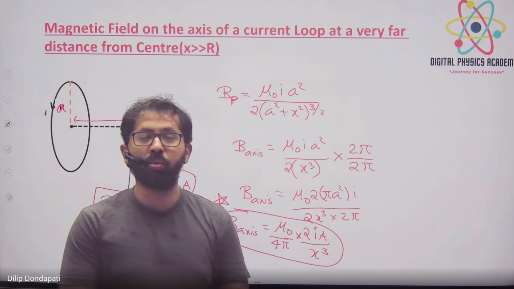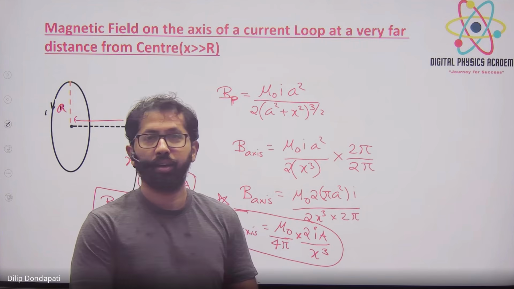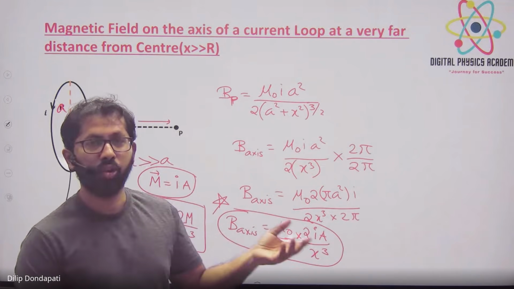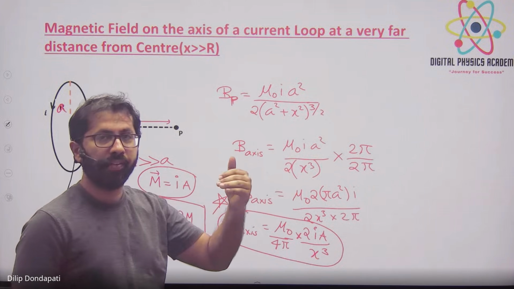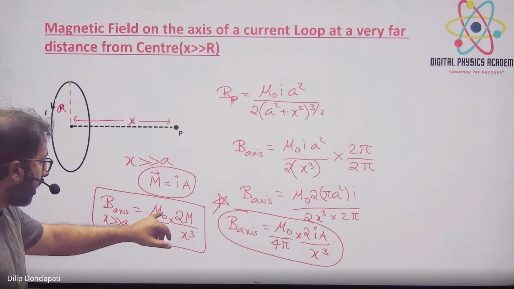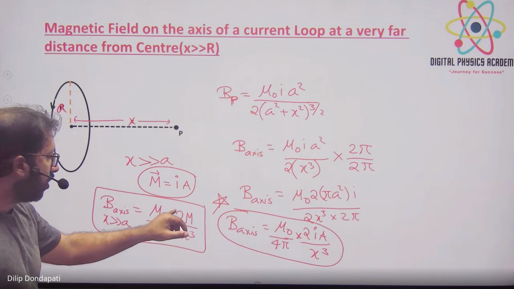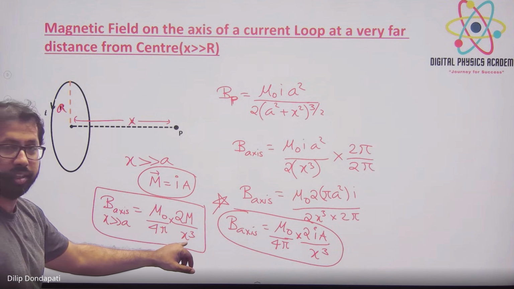P is the dipole moment. 2k, I am saying the shortcut: 2kP by x cube, 2 r cube, right? 2kP by x cube. You remember, right? In the equatorial it will be half. Look here, k is a constant, right? Look, 2km by x cube.